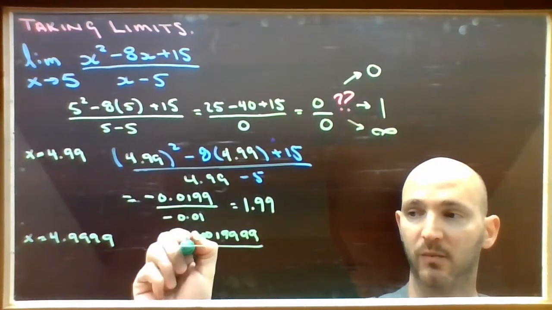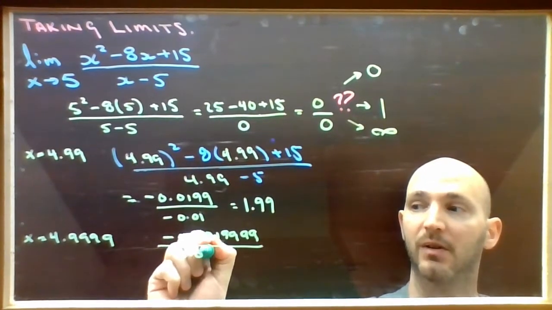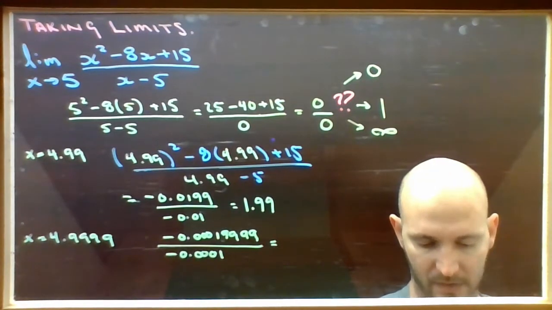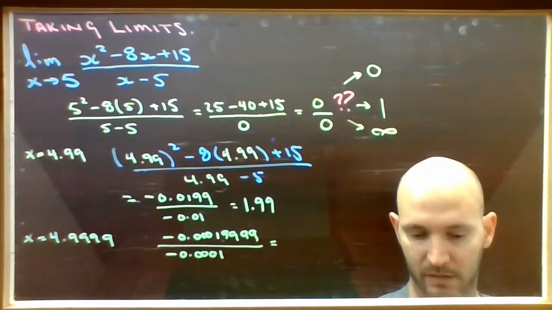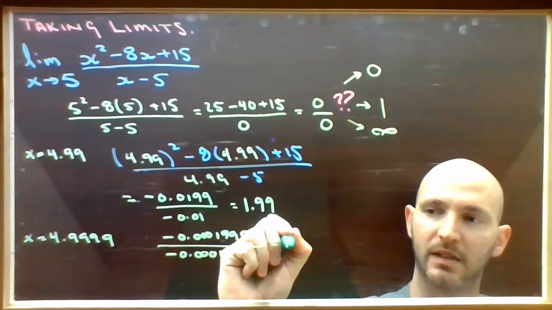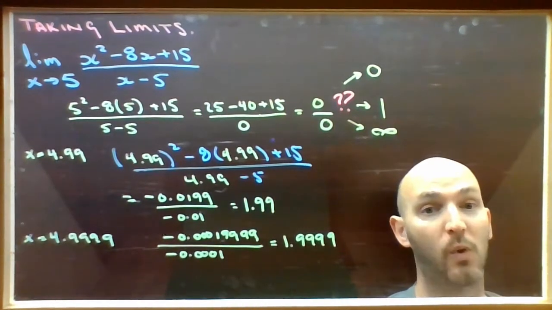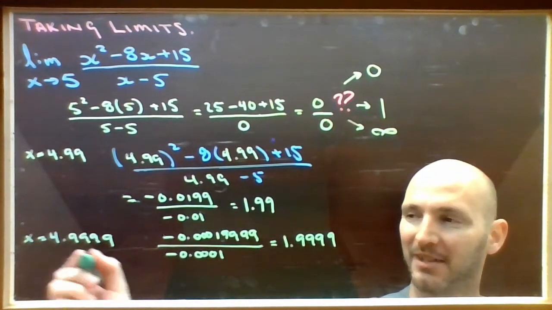And the bottom will be negative 0.0001 for a total of 1.9999.